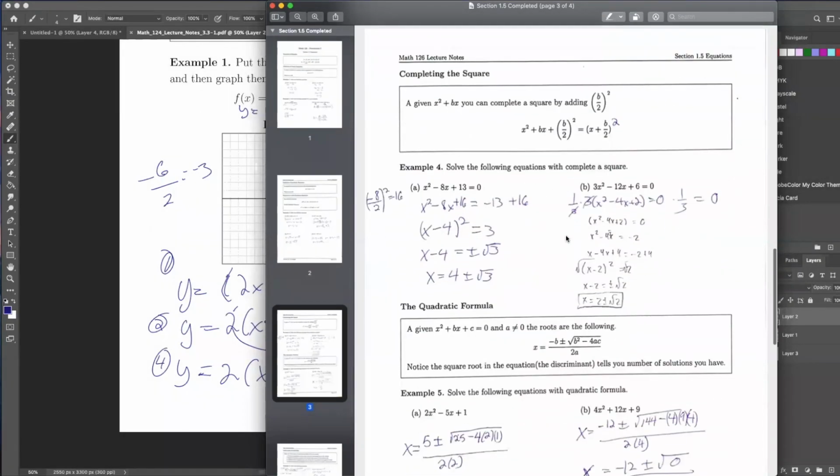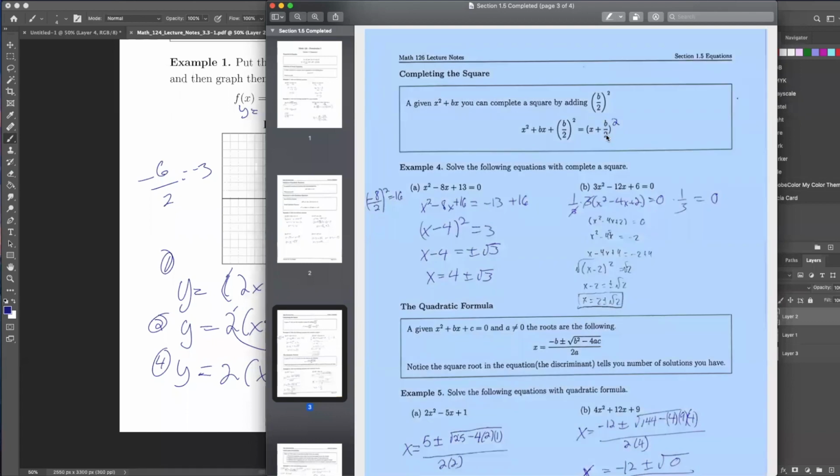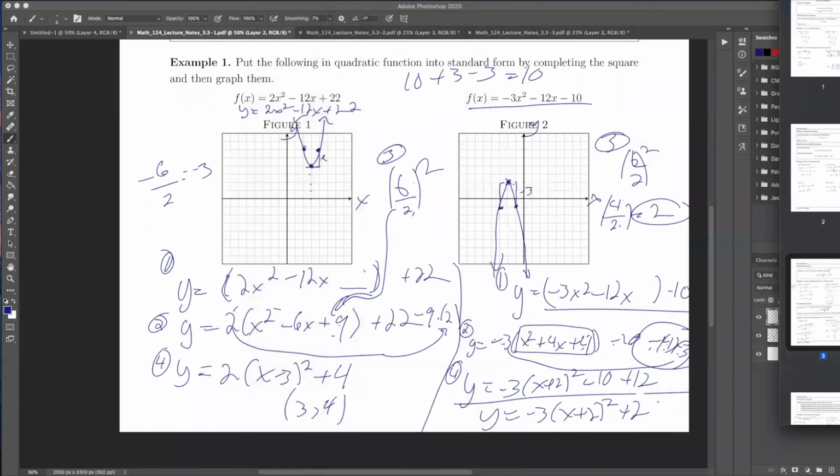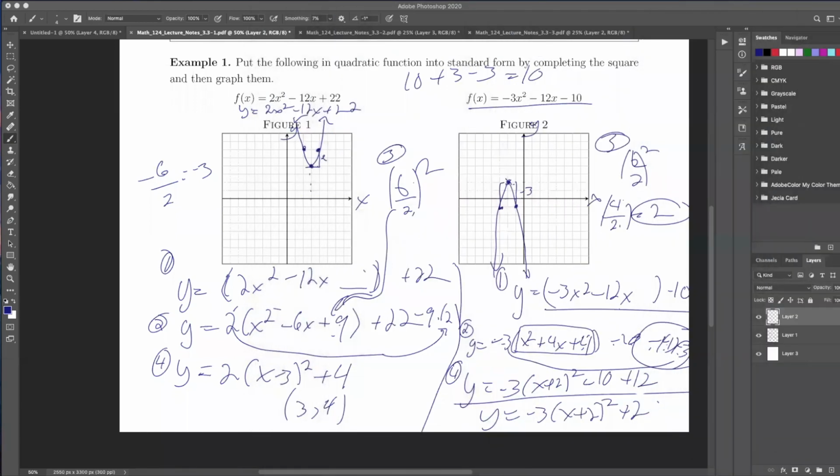So notice here, if I have x squared plus bx, this is just equal to x plus b over 2, squared. This is an older version of it, but it's fine. I had it available right there. And so here we'll have x squared plus 4x, and 4 over 2 is 2. 2 squared is 4.